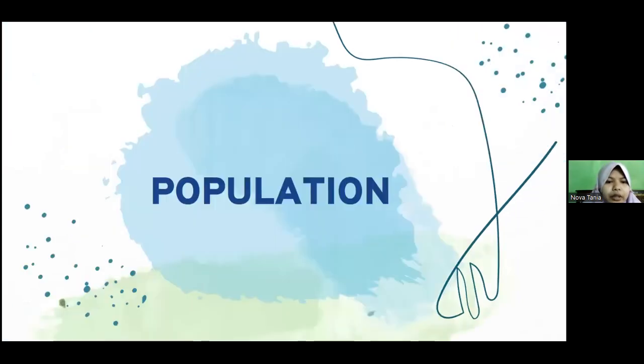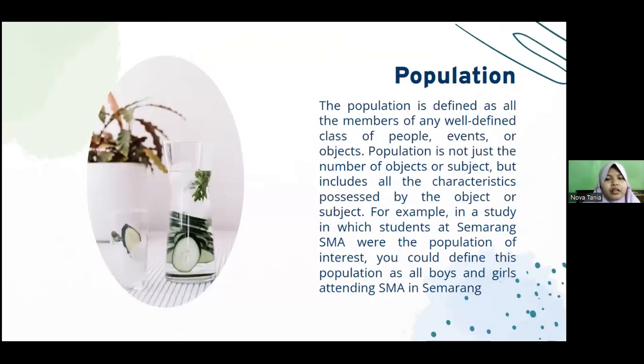This part will explain the population. The population is defined as all the members of any well-defined class of people, events, or objects. Population is not just the number of objects or subjects, but includes all of the characteristics possessed by the object or subject.